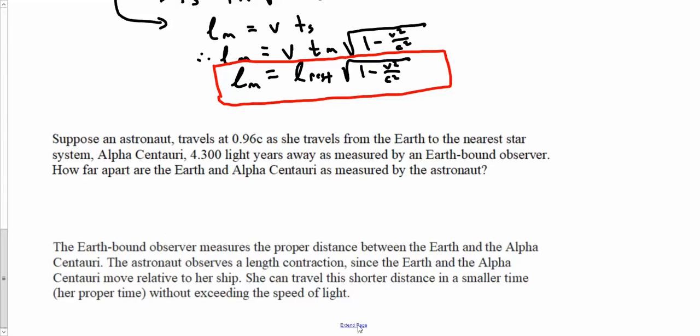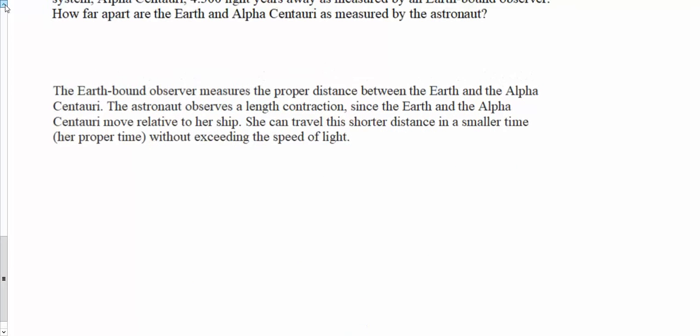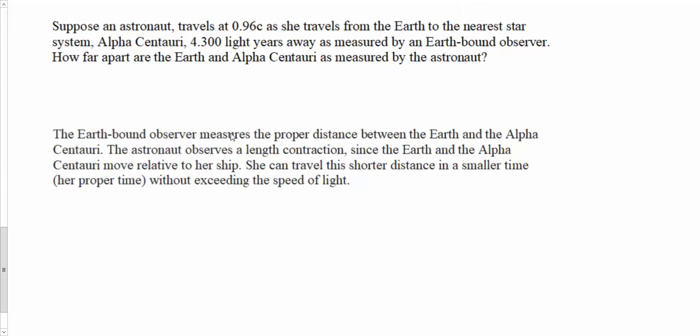Now this first little part's a little tricky. The Earth-bound observer is measuring the proper distance, or let's call it L rest, between the Earth and Alpha Centauri. It's the astronaut who observes the length being contracted, since the Earth and Alpha Centauri move relative to her ship.